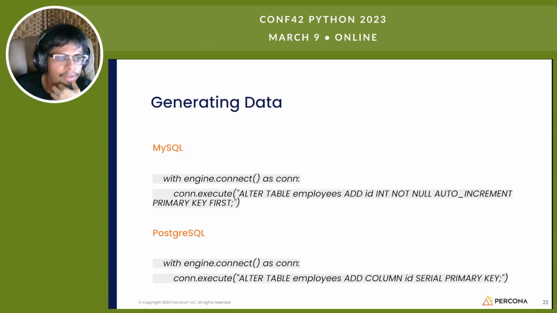And with the first option here, we are saying that that column will be added at the beginning of the table. For Postgres, we don't have the auto increment option. What we have in Postgres is the serial option that is similar to the auto increment in MySQL. So this is why we have two different instructions for both database technologies.